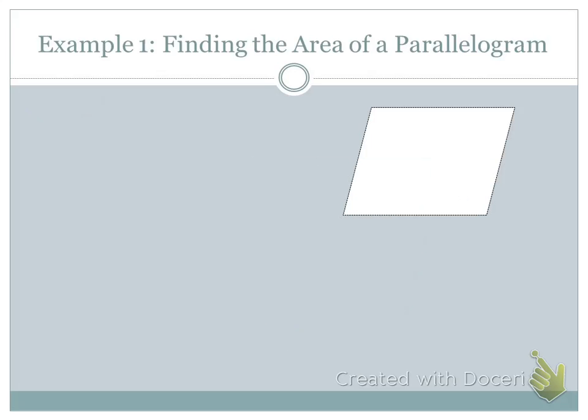In example 1, it says find the area of the parallelogram. And it gives us a height of 6 centimeters and a base of 10 centimeters. So, how do I find the area? Well, area equals base times height.